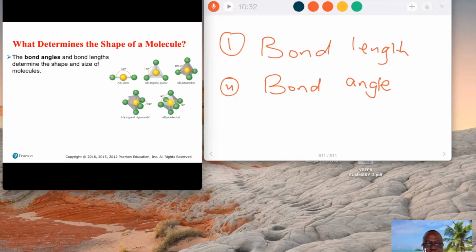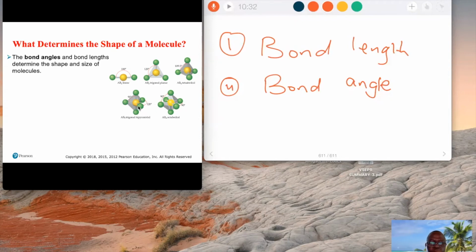Trigonal planar, bond angle, tetrahedral. There is a trigonal bipyramidal, and you have to see this. This is called the axial position, going up, and the equatorial position around here.